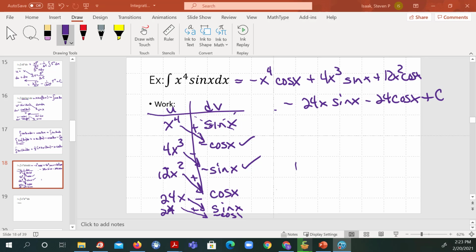Okay, I want a calculator. We're in calculus class, we want to do an integral. It was x to the 4th times the sine.